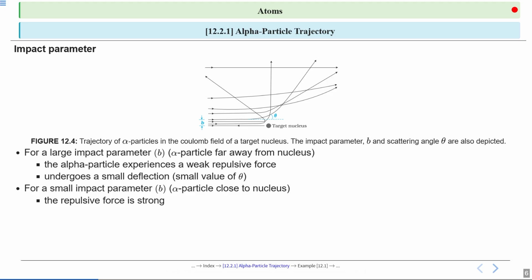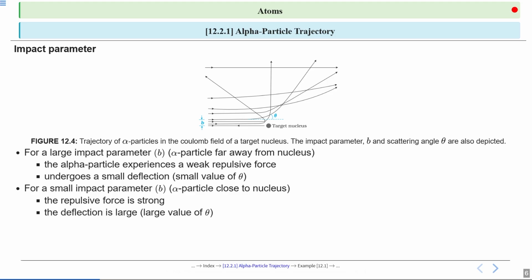Remember, the electrostatic force increases as the distance between two charges decreases. According to F = kQ1Q2/r², if r is decreasing, that is, the distance between two charged particles is decreasing, the electrostatic force between these two charges increases.